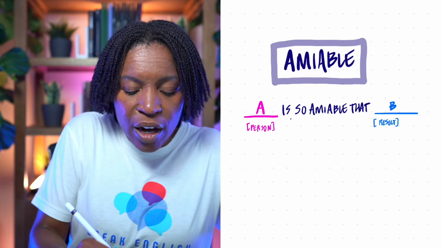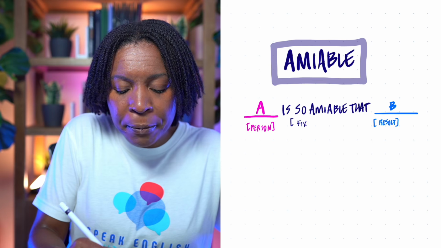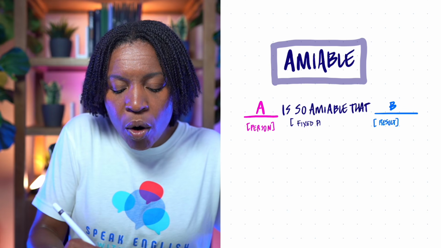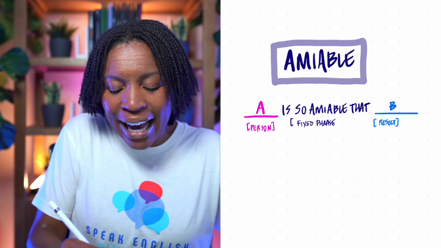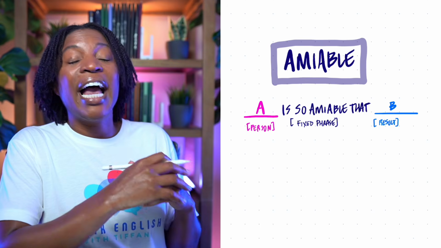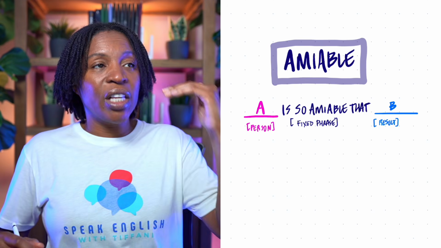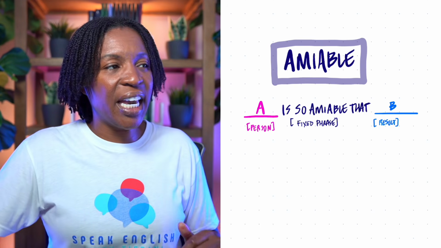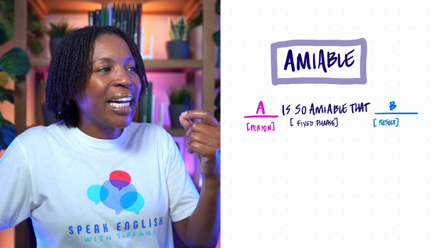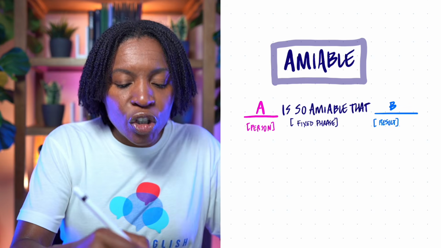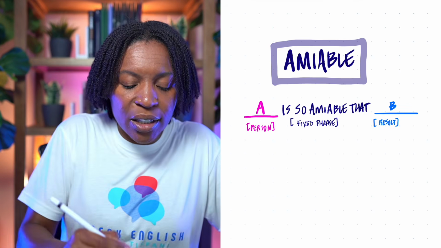Then we have the fixed phrase, is so amiable that, and letter B is the result. So letter A is the person, letter B is the result. Let's check out some example sentences using this simple sentence structure.